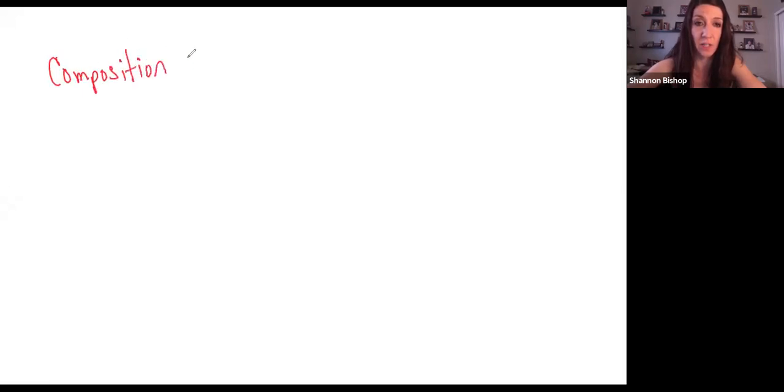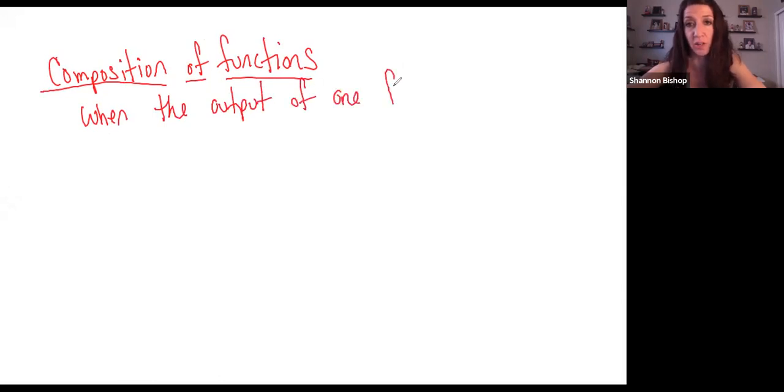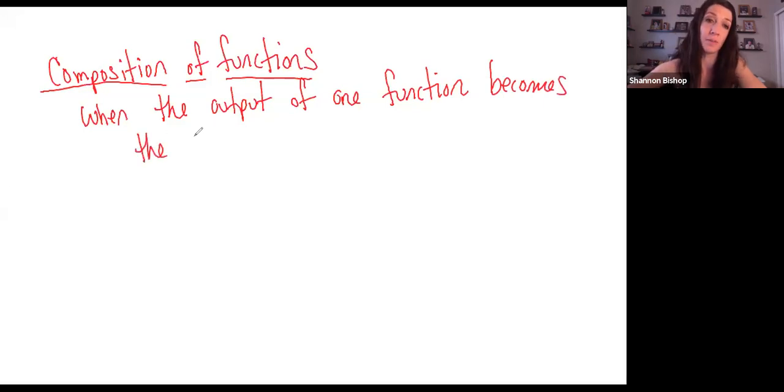Okay. So composition of functions is what this concept is called. And composition of functions, in its simplest definition, is simply when the output of one function becomes the input of another function.